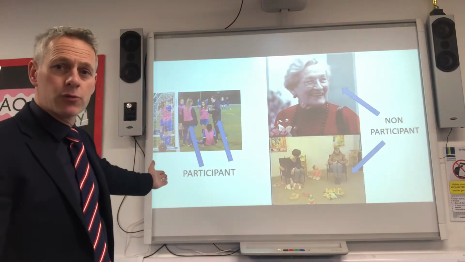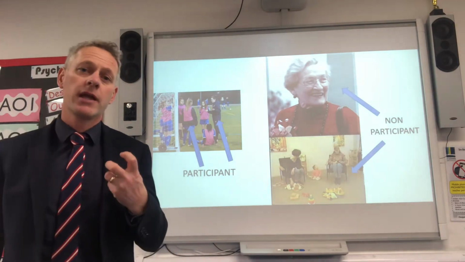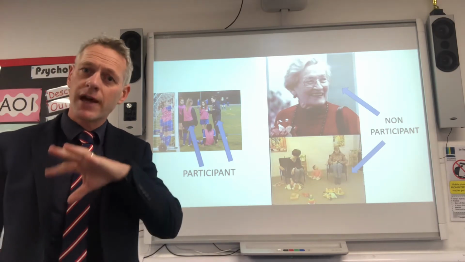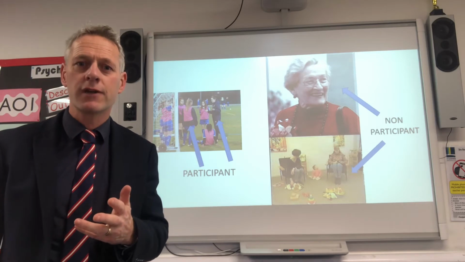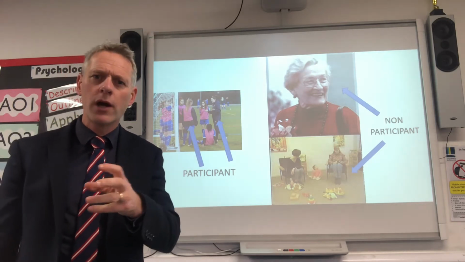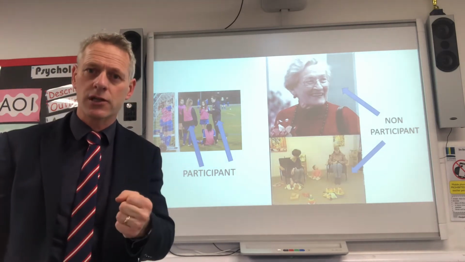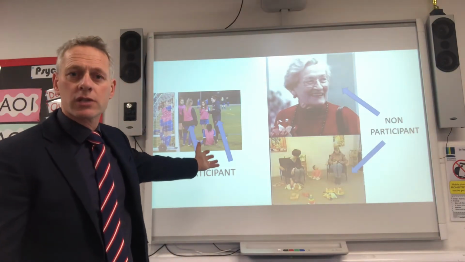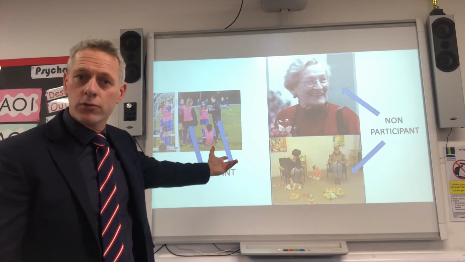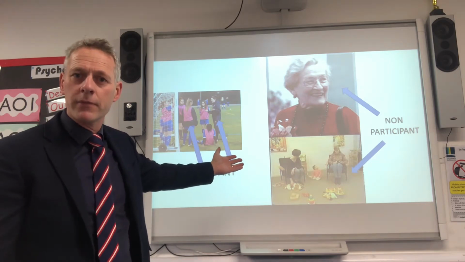Okay, then we've got the idea of participant and non-participant observation or observers, okay? In the participant observation, the observer is part of that social situation. Now, by its truest definition, of course, they will be one of the participants in that social situation. If we look at this photo here, here is some football club, a football training session, something like that, okay?